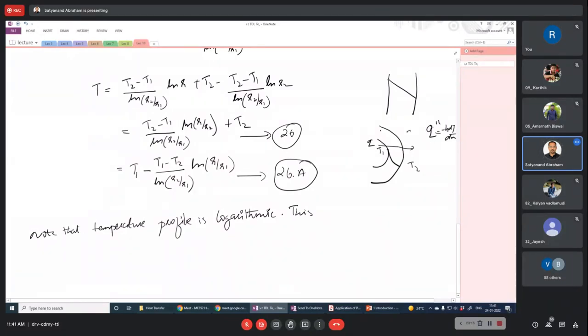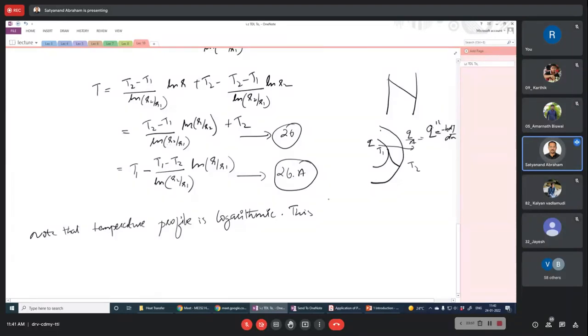Heat flux is Q by A. We can see that heat flux varies from the inner radius to the outer radius, and heat flux is directly proportional to the temperature gradient. Since heat flux is varying throughout, the temperature gradient should also vary throughout. So that's why we are going to get a logarithmic profile.